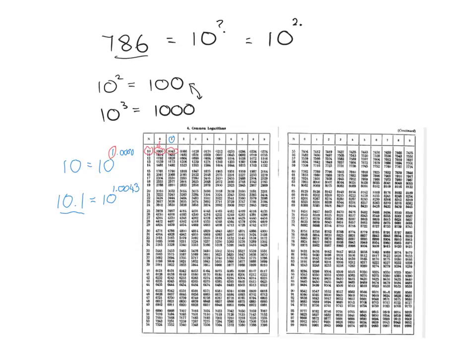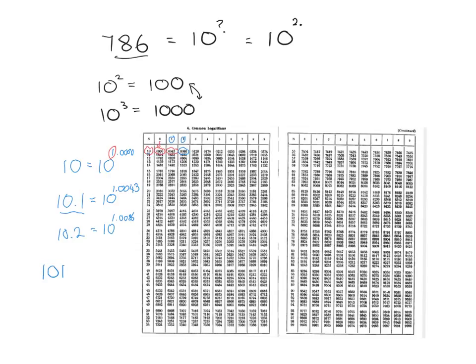In the same token, 10.2, which would be this line here, and then 0.2 should be that number there, which equals 10 to the 1.0086.